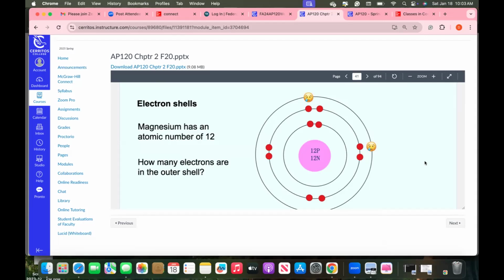Now, the reason that she's saying how many are in the outer shell is, remember, she said that the outer shell can only hold 8. But if the first shell can only hold 2, like this does, then how many are in the outer shell? Well, remember, the second shell can hold 8 more. So that's the 2 that are on the inside, and then the 8 that are there, right?